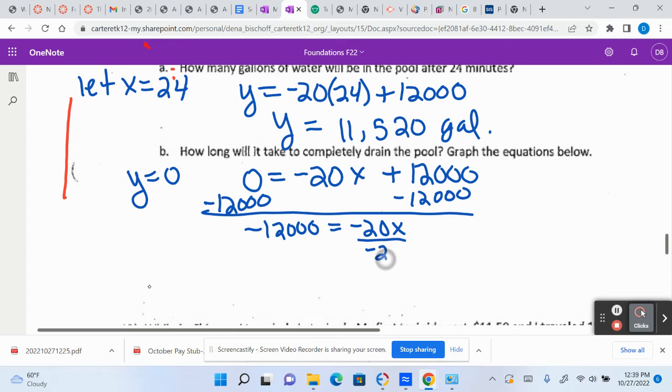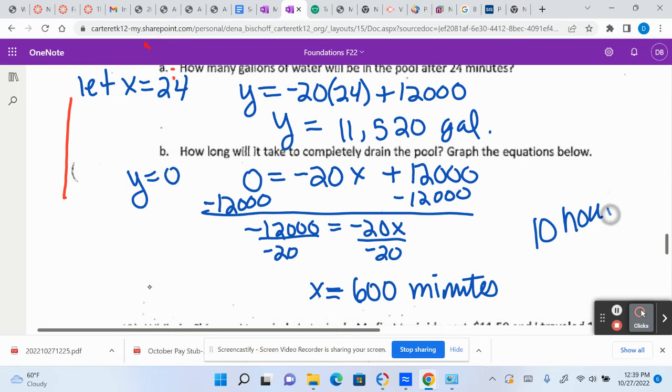Yeah, divide both sides by negative 20. So what does x equal? x equals 600. And that's 600 minutes. If I ask you a bonus question that said, how many hours is that? 10 hours. How did you do that? You divided by 60. Good job.